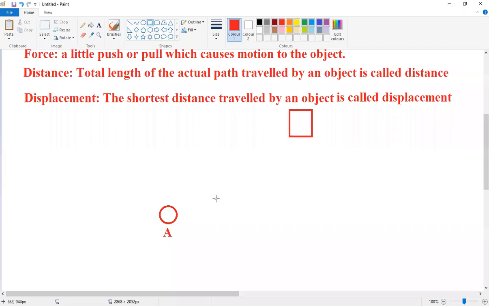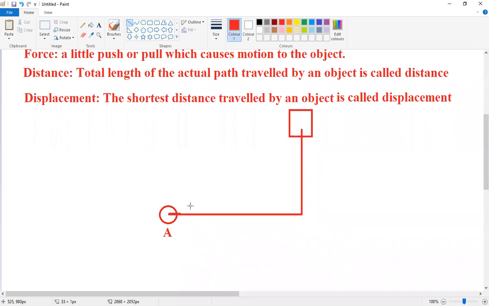Now there are different paths through which you can go to your school. Suppose there is a path like this from where you can go to your school. One path is like this, so you can go in this way.